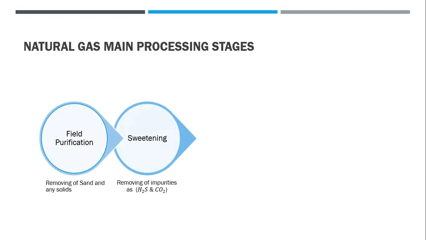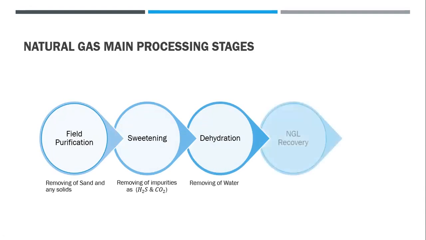Then dehydration, which removes water from the gas to prevent the formation of hydrates in the pipeline or any equipment. Then natural gas recovery, which recovers C2 plus and heavier components.